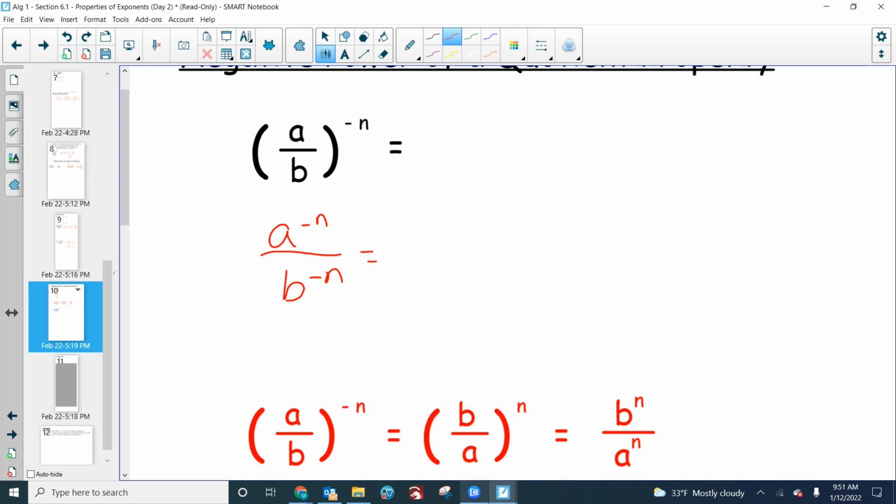And then, don't you guys agree, how do I make the n happy? Wouldn't I switch spots with everything? So wouldn't it be this? Wouldn't it be that? I'd just have to switch spots, then the n would be positive. Okay. We're going to skip a step.